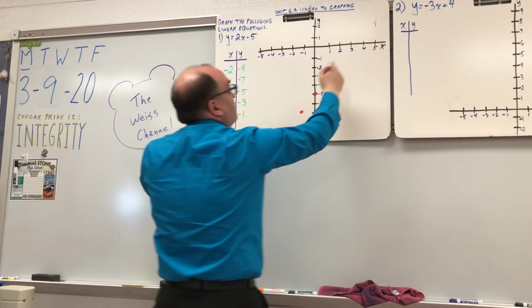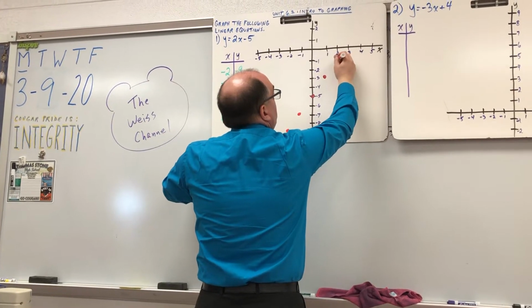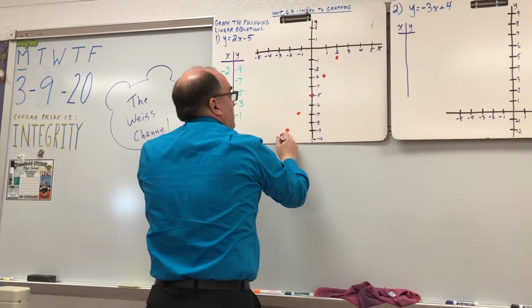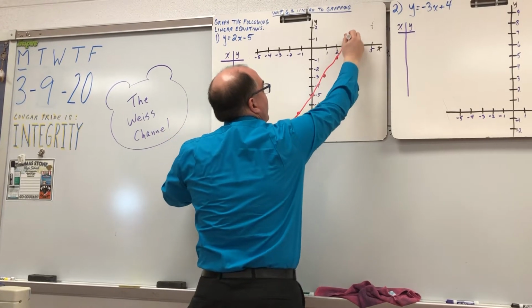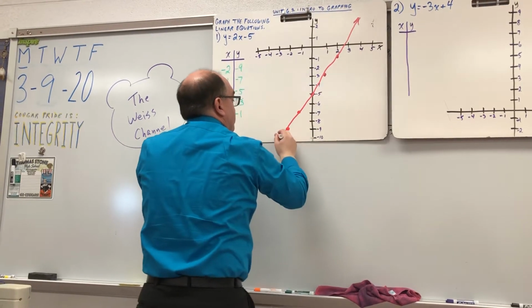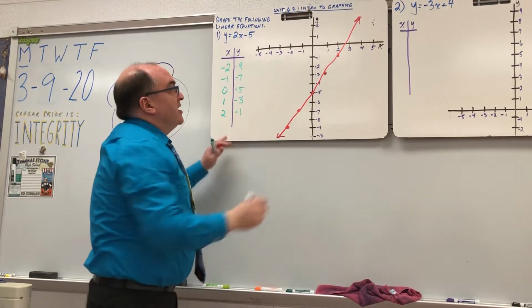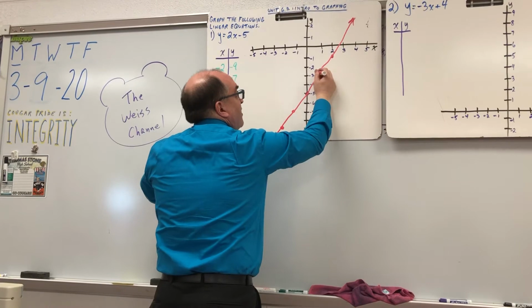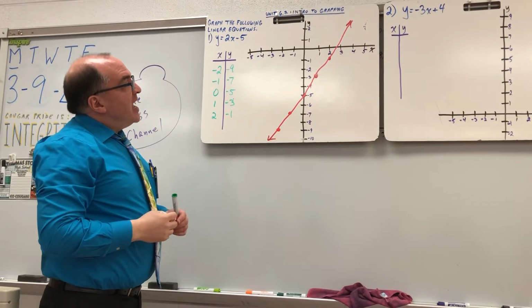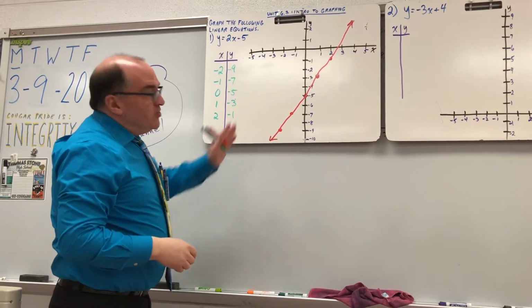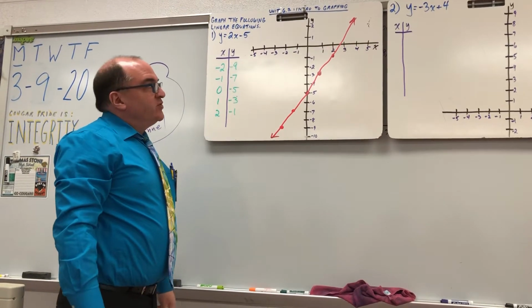Where's 2, -1? Boom. And then you draw your line. And that's how you draw the equation of a line. Obviously, my hand is not very straight, but if you do it perfectly, you'll have a perfectly straight line.